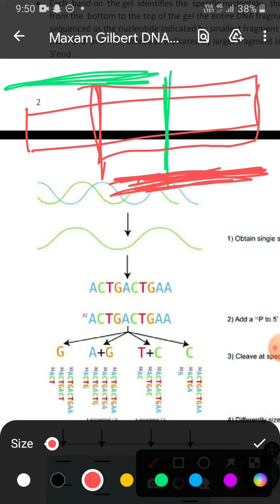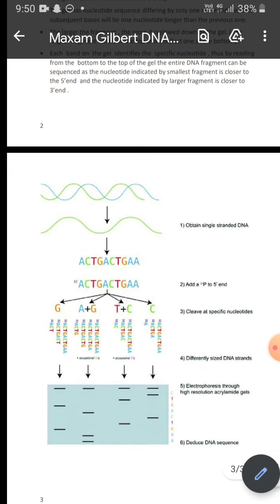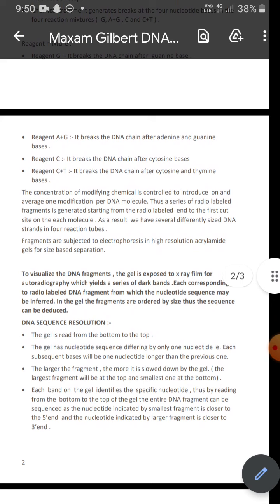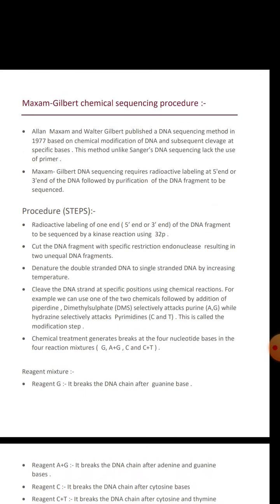So can you use it to fill up what is present in common? Isn't it? That is how we are using the overlapping DNA fragments to complete our DNA sequencing method. Okay, so that is the idea about the Maxam-Gilbert chemical sequencing procedure.